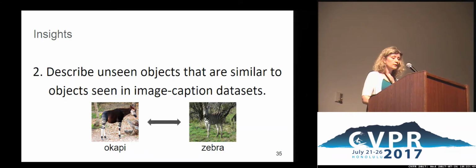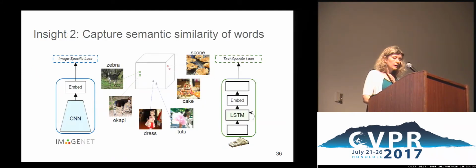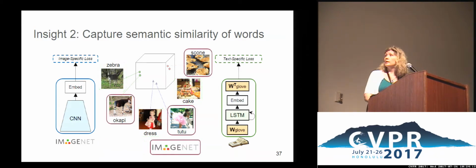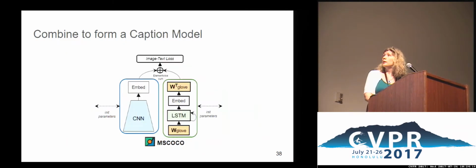For example, we want to somehow inject knowledge in the network that okapi is similar to something like zebra. And we did that by using semantic word embeddings. In this case, we used GloVe embeddings. So with GloVe embeddings, we automatically get this mapping from, for example, zebra, which occurs in MS COCO, to okapi, which is close in that semantic embedding to zebra.